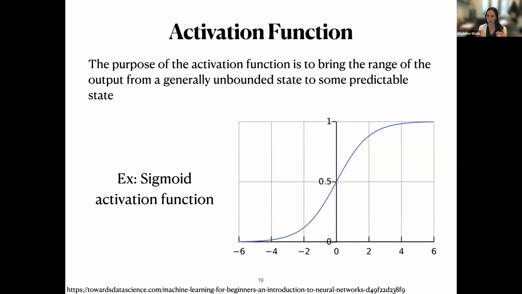I need to tell the mathematics how to map the input, however I've quantified the characteristics of my orange, to what range to map those. If I want to map it between 0 and 1, a very common activation function to use is the sigmoid activation function. You can think of your input as the x-axis here and your output as the y-axis. So for a given x value, you would map to a specific y value given this function.